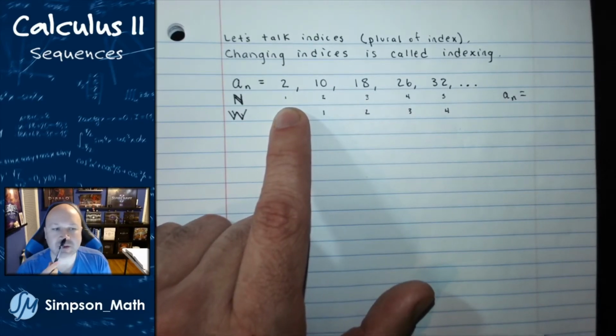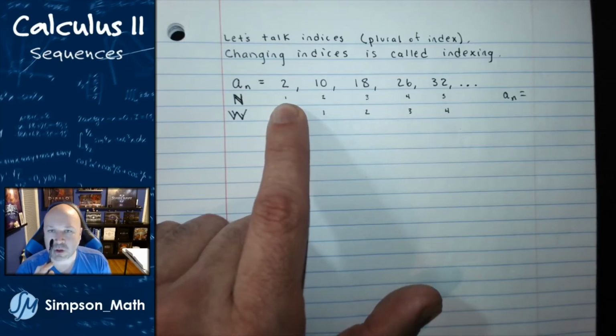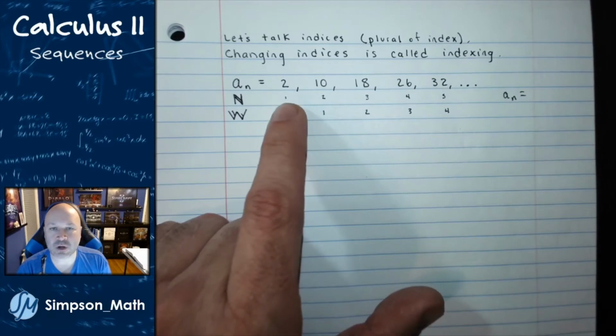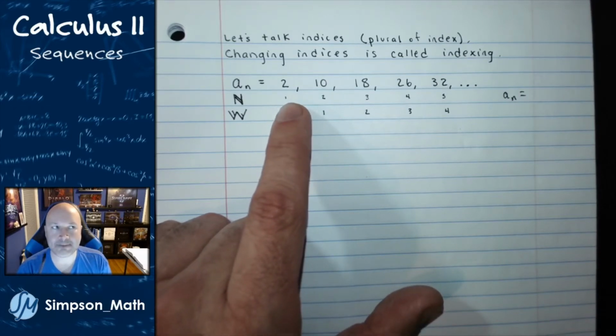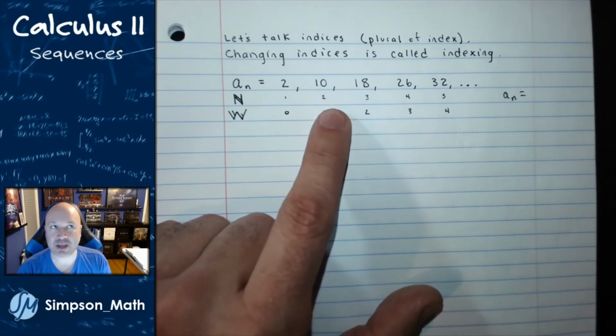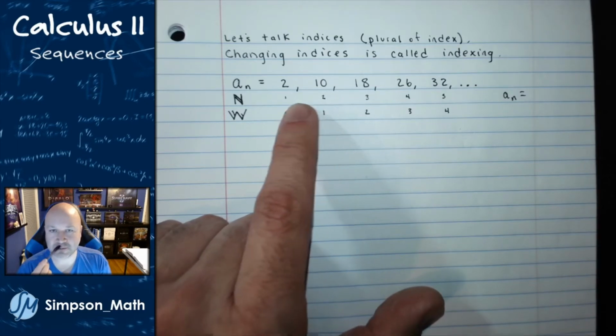I claimed earlier that if I use indices, it kind of helps me with the closed form. So maybe if I'm adding 8, I multiply by 8. So 1 times 8 minus 6 would give me 2. 2 times 8 is 18 minus 6 does not give me 10. Never mind.